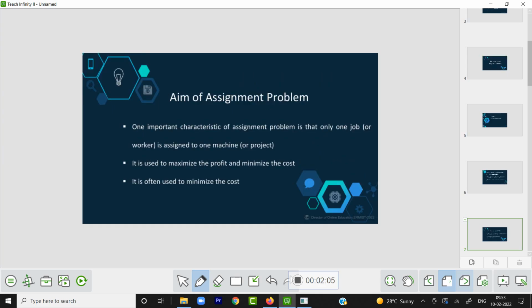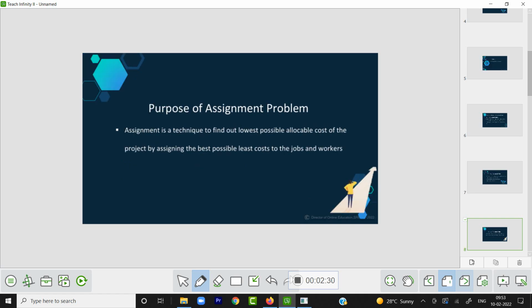The aim of the assignment problem is assigning one person to one job, each one to one. It is used to maximize profit or to extract more work with minimization of cost. It is often used to minimize the cost.